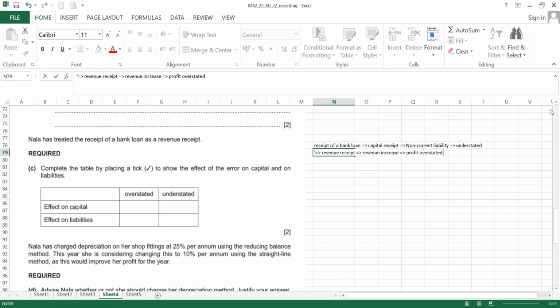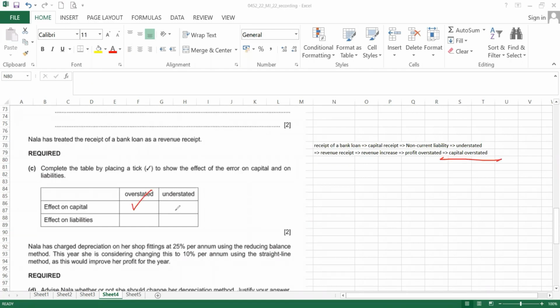Profit overstated, capital will be overstated as well. So in this case, the capital effect is that capital will be overstated, and the effect on the liability will be understated. So this is the impact for it. Okay, now let's move on.